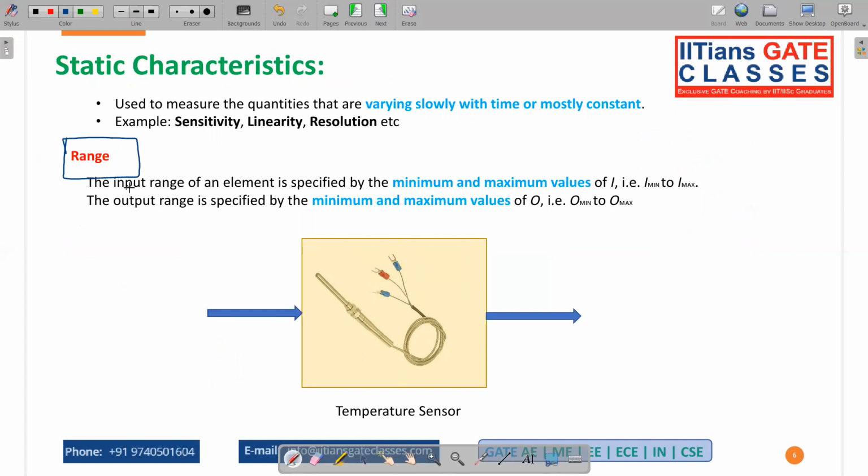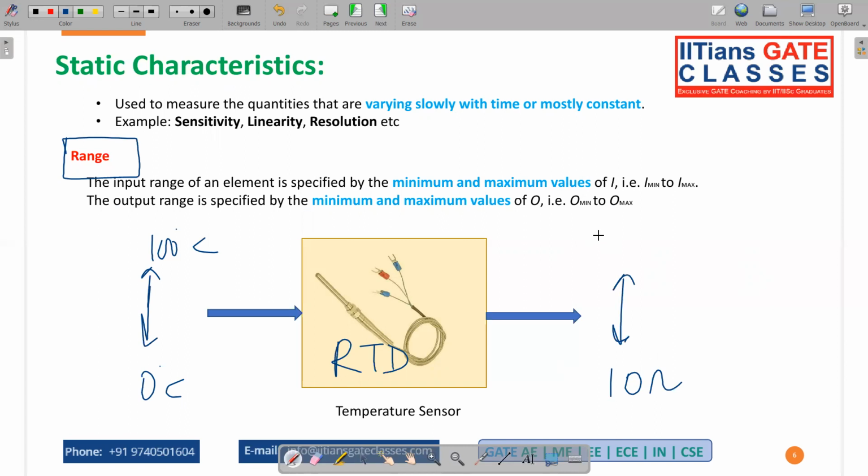So what is range? Let's say this is my temperature sensor, and we take the same example of an RTD. Let's assume that this RTD can sense the temperature from 0 degree Celsius to 100 degree Celsius, and it provides the output from 10 ohms to 50 ohms.